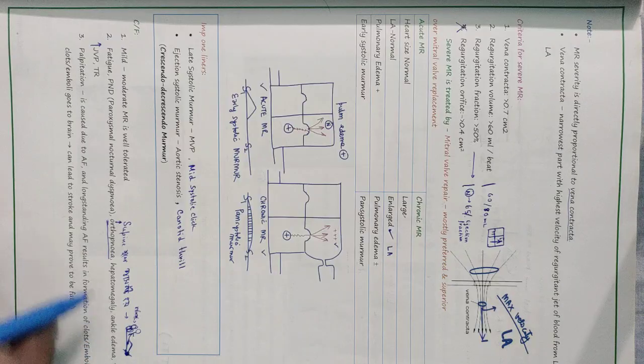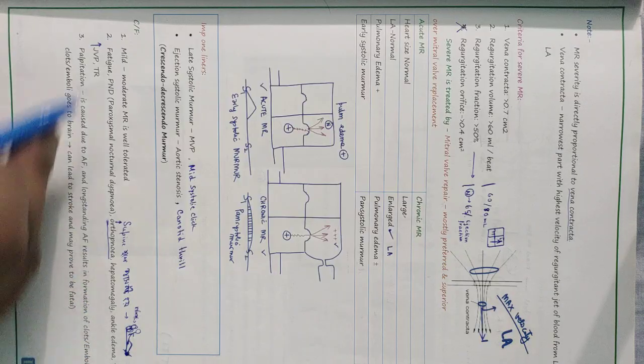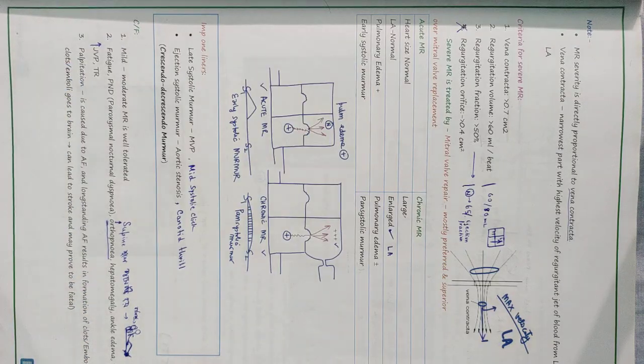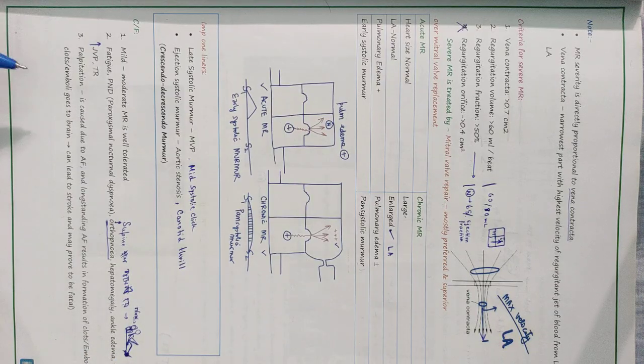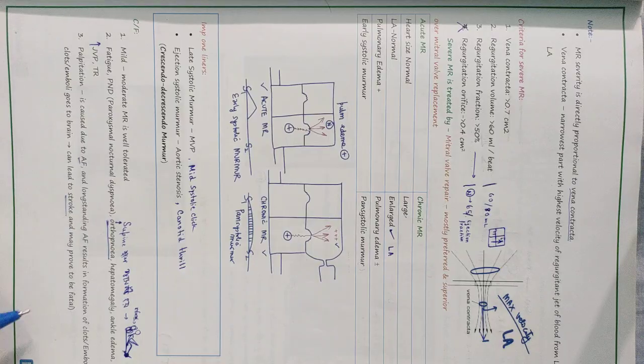Okay, ankle edema. JVP is raised. Hepatomegaly, the liver is big. Palpitation is caused due to atrial fibrillation, and long-standing atrial fibrillation results in clots and emboli. If clots and emboli go to the brain, that can lead to stroke and may prove fatal.